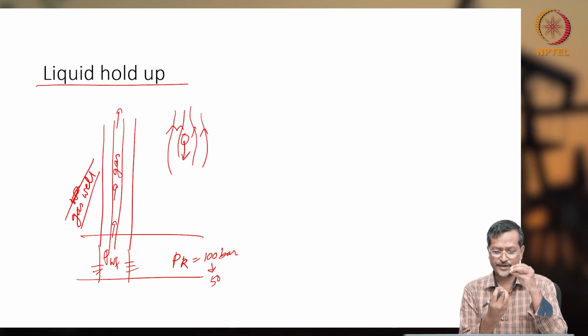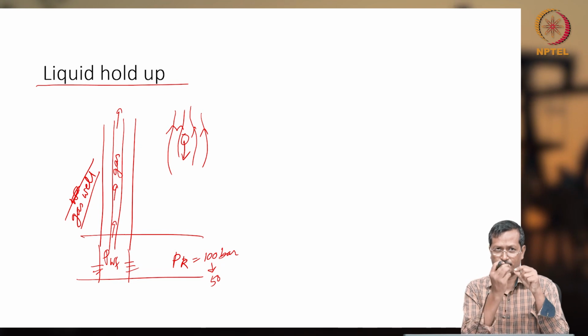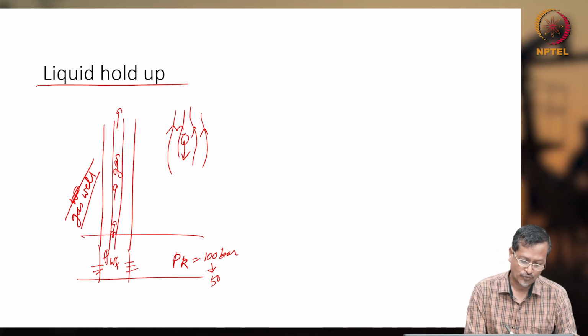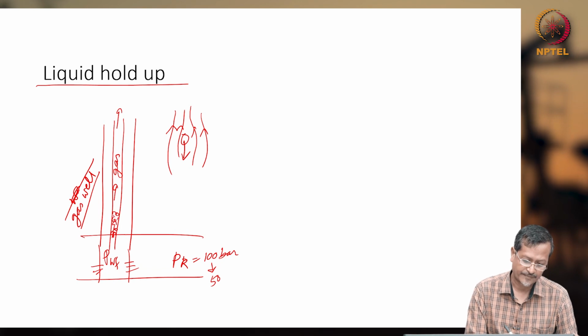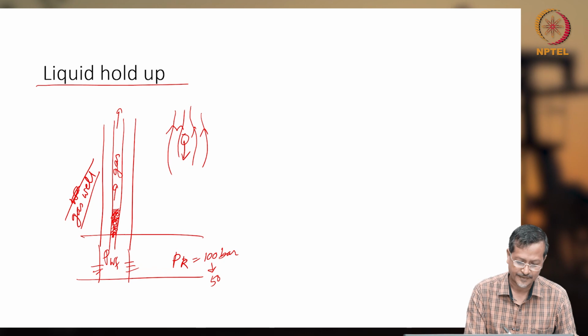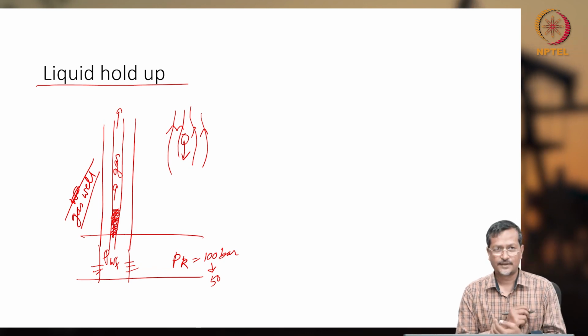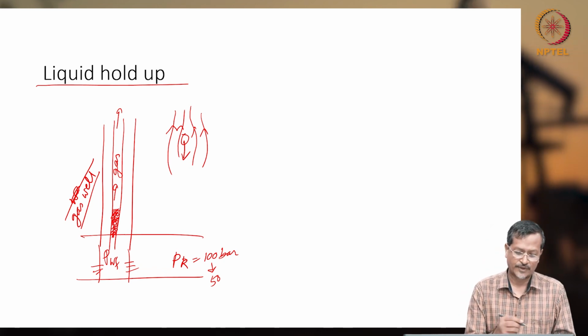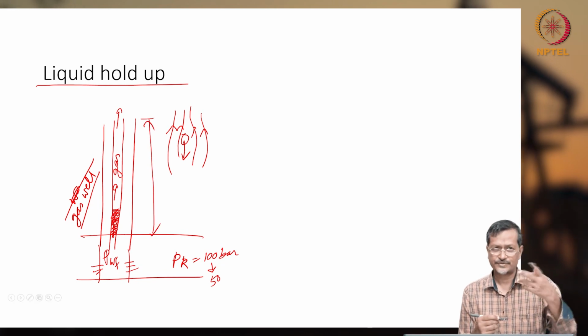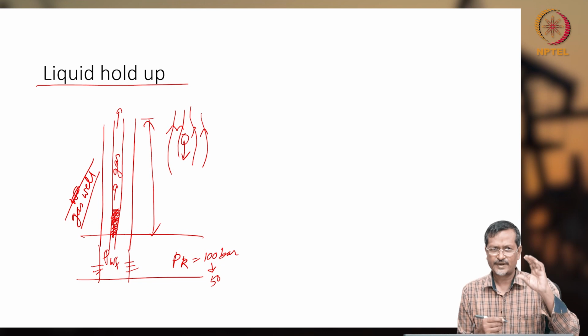When it is moving down, what will happen? Slowly one particle will be blocking, taking some space, then 2 particles, 3, 4, 5, and finally it will be held up here. When it is held up, what was the column pressure initially? Because you have gas, the column pressure is almost very low.